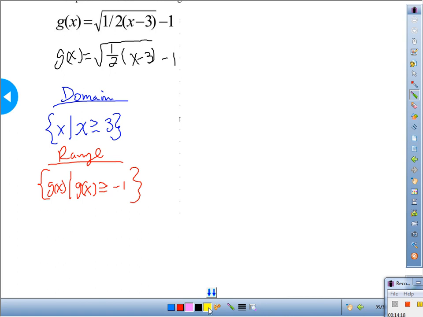In order for me to find my domain, look at my function. Some of you already saw it. What do we do to this so that at the end we end up with this? Talk it over with your neighbor.